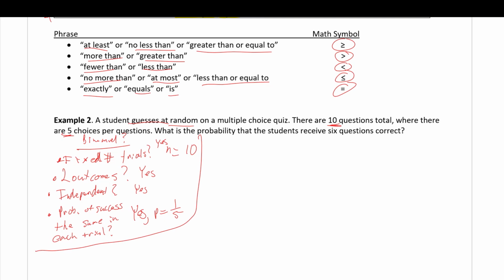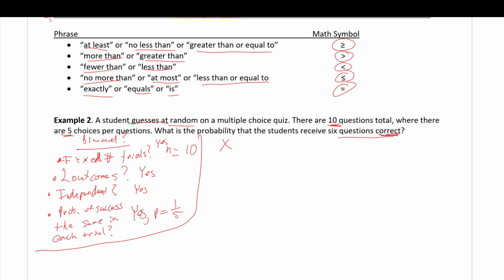All right, so once we establish that it's a binomial, let's define what our random variable x is. It usually comes from the question where they're actually asking for the probability. What is the probability that the student receives 6 questions correct? So questions being correct is what we're defining to be our variable.